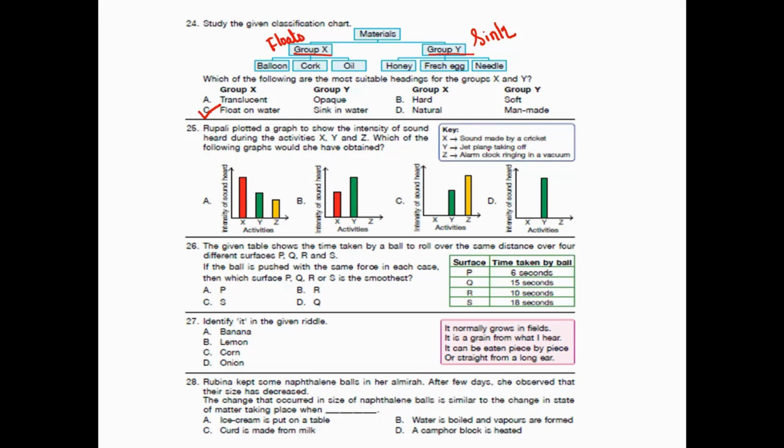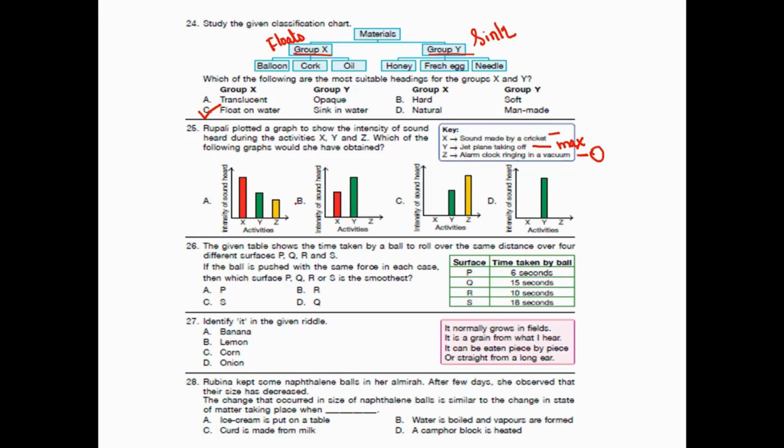Here the jet plane taking off will have the maximum amount of sound, right? And Z says alarm clock ringing in vacuum. In a vacuum sound cannot pass. So here the sound will be zero. No sound will be heard. And sound made by cricket will be lesser than Y.